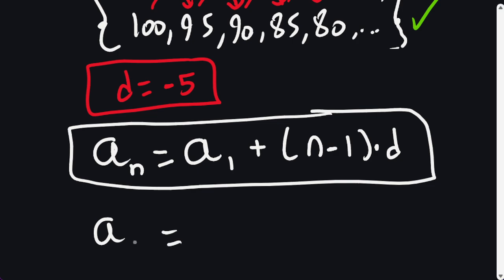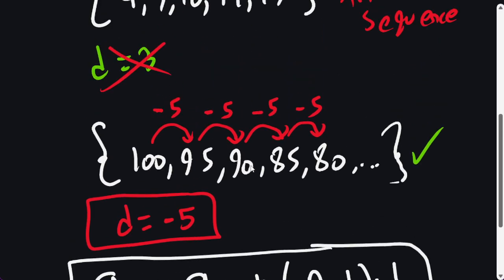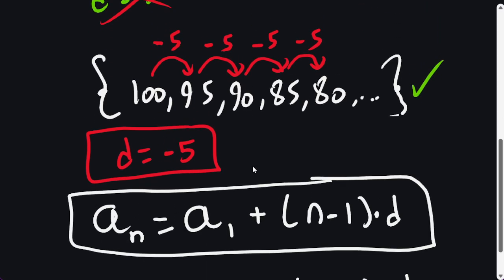So a sub 7 equals a sub 1 plus n is 7, 7 minus 1 times d. Now, what is the d? What is the common difference for this sequence right here? It's negative 5.